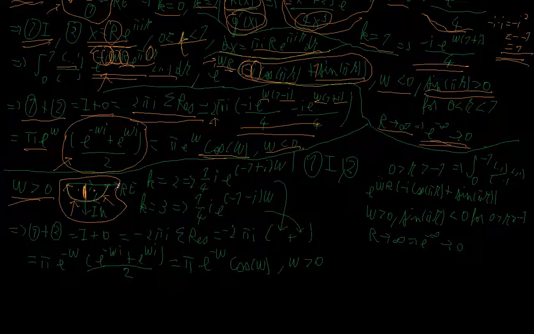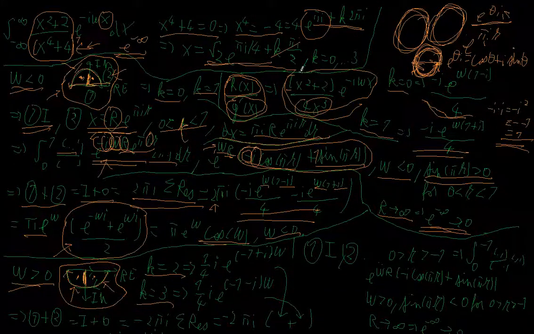So here, if we go around the lower half plane, only k equal to 2 and 3 are inside, so roughly here and here. We can compute everything with the formula here for the residues and plug that into those x's with k equal to 2 and 3.